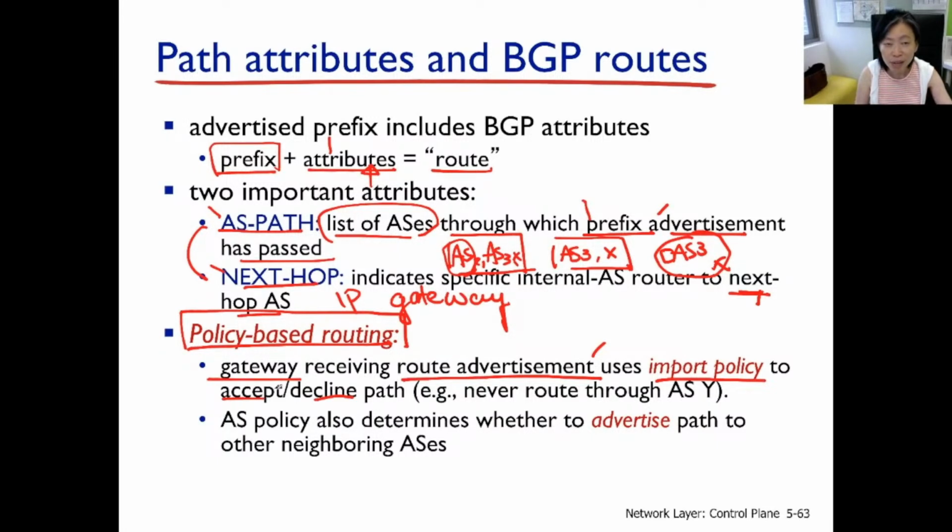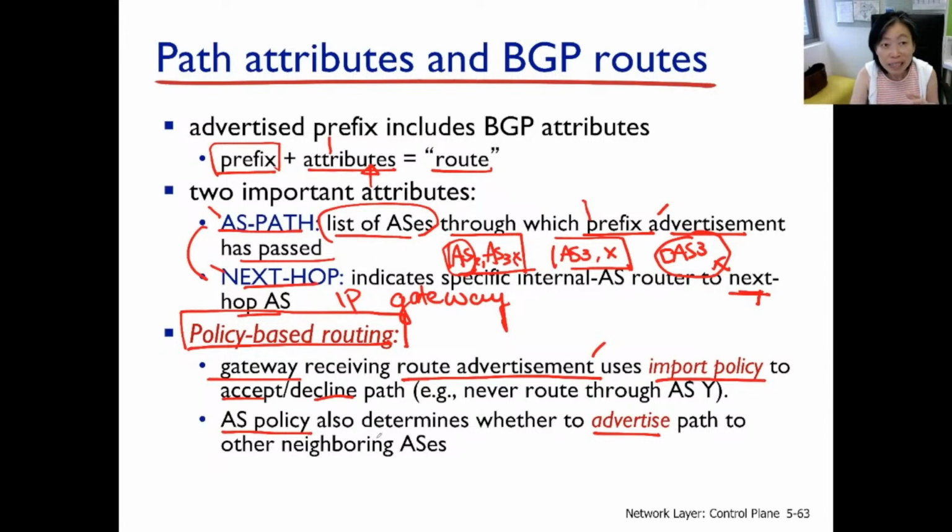Now the gateway routers in the AS receiving these accepted advertisements will then decide whether to prepend themselves and then pass the expanded advertisements to the other neighboring ASs. But you see, there is also policy the AS might apply before these gateway routers advertise the expanded AS path to the neighboring ASs.